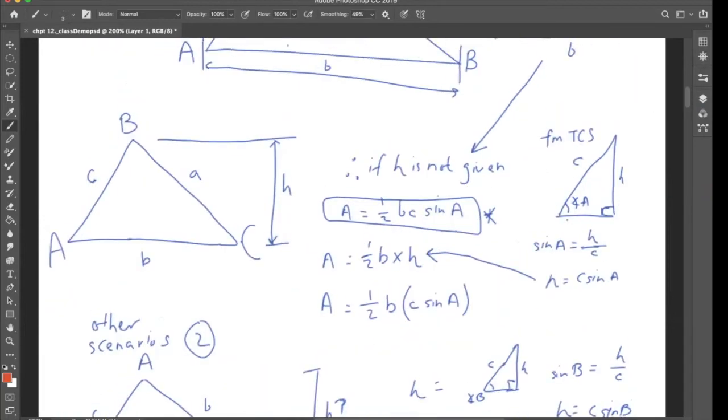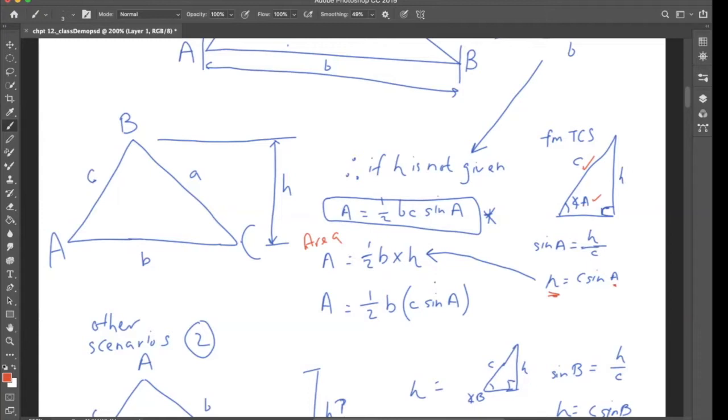So we have to find the height. So we know for a right angle triangle, if we have side C given to us and the angle A, we can use sine rule. For example, sine A is equal to H over C, and then we solve for H. So H will be C sine A, because if we are given side C and angle A, H will be C sine A. Okay, so A here is the angle, because I want to find H. So the whole area will be half base times height.